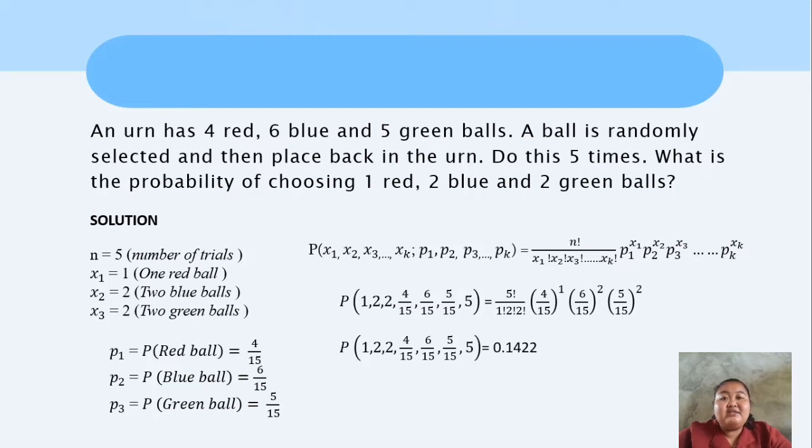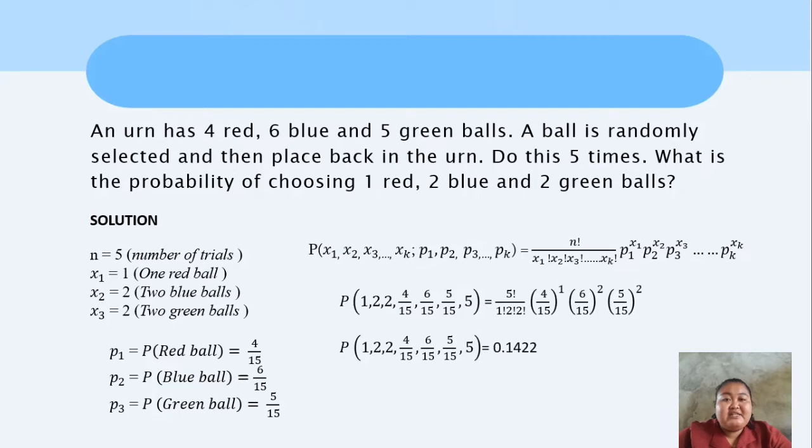P(1, 2, 2; 4/15, 6/15, 5/15, 5) equals 5 factorial divided by 1 factorial, 2 factorial, 2 factorial, times 4/15 to the power 1, 6/15 to the power 2, 5/15 to the power 2.